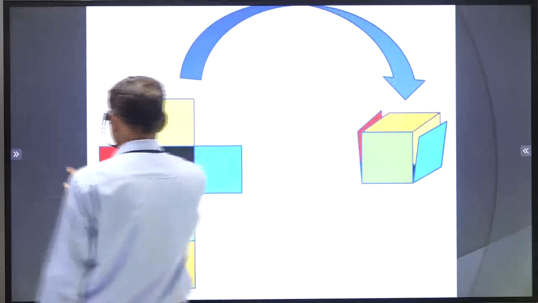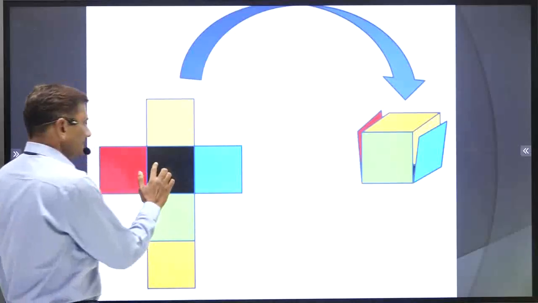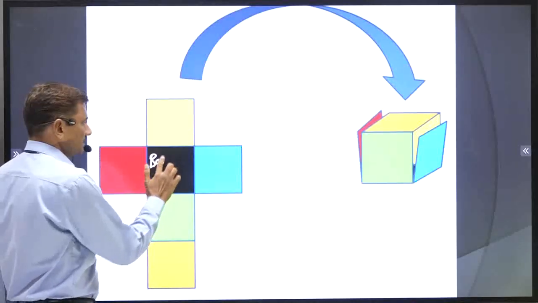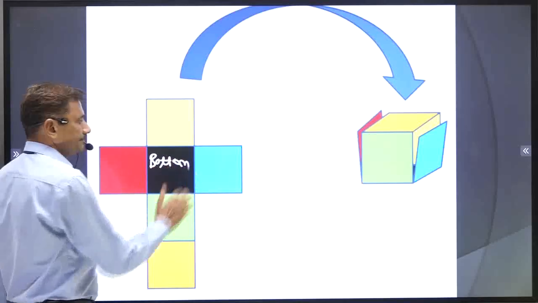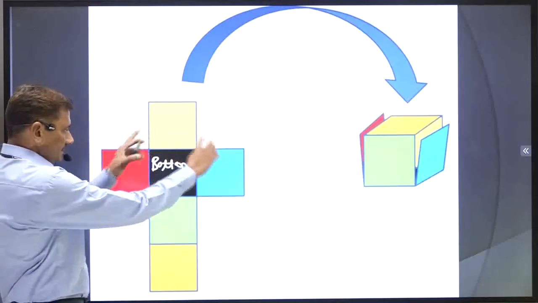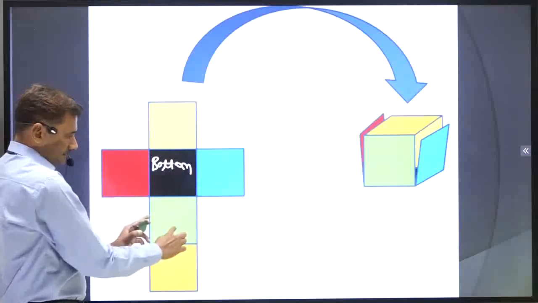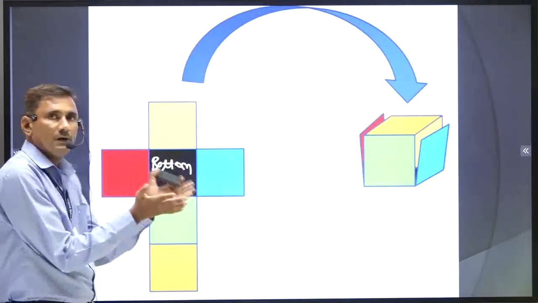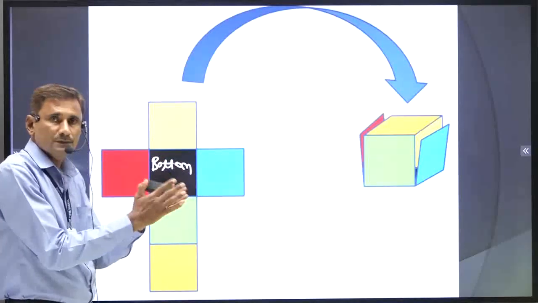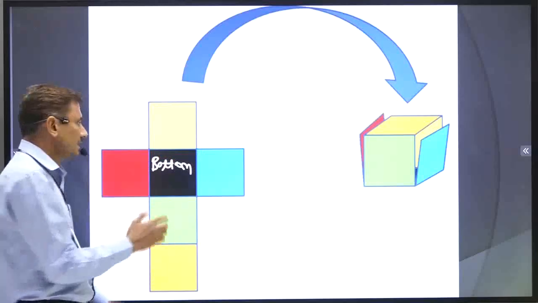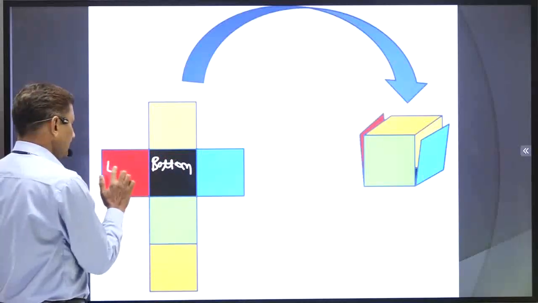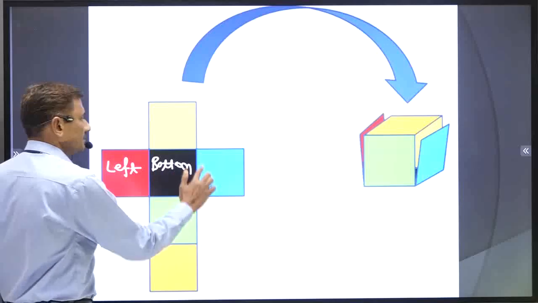If you fold, this will be the bottom. The surrounding squares will go up, so there are 4 walls like that. This will be the left surface, then this will be right.